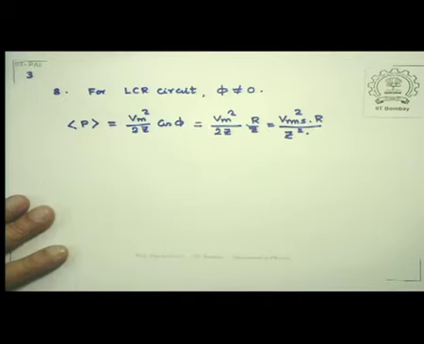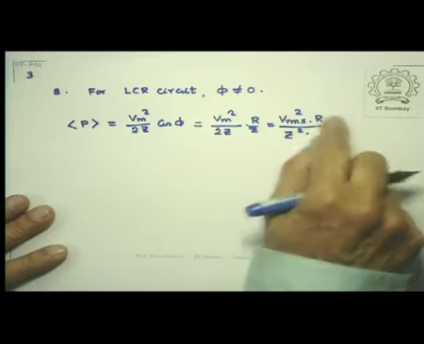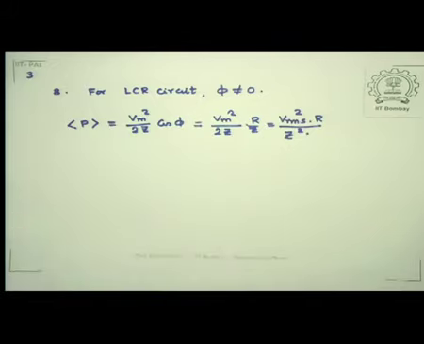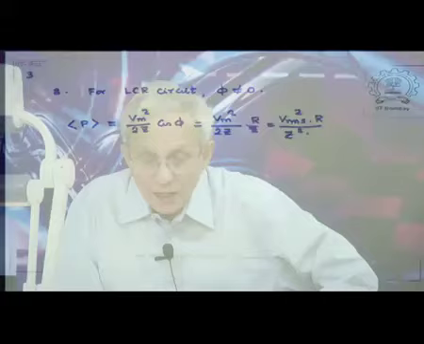And also at resonance, since Z becomes equal to R, I get back again the maximum power dissipation condition. Let us return to a bit of a discussion on this power factor and what is its effect with respect to power absorption and power dissipation in a LCR circuit.